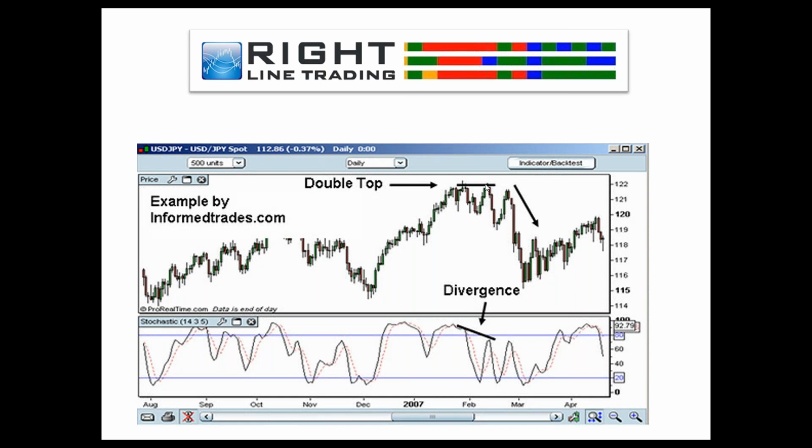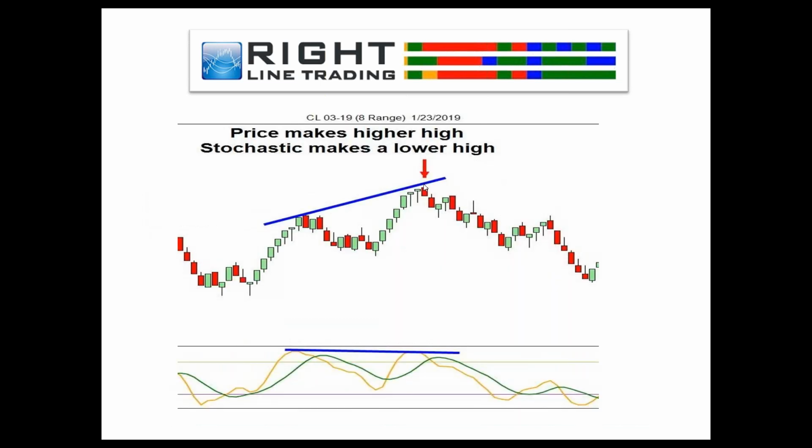Now, this is a slide that I created. And what you see here is price moving up higher, but not faster. So what you're doing is price equaling a higher high, but momentum equaling an equal high.